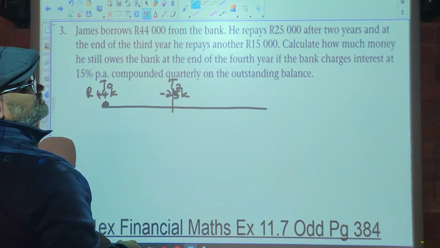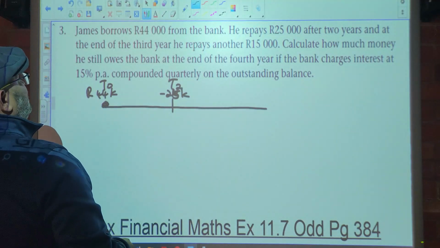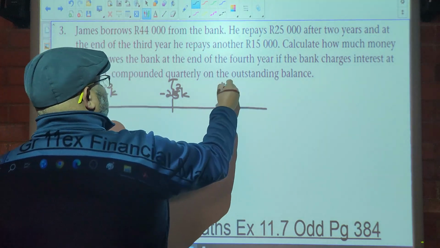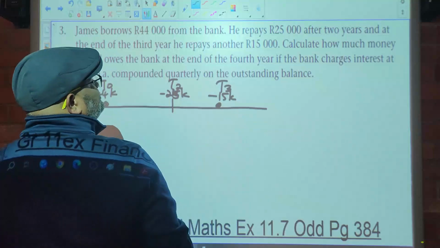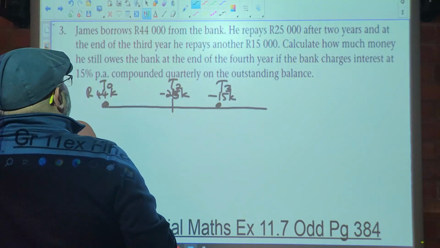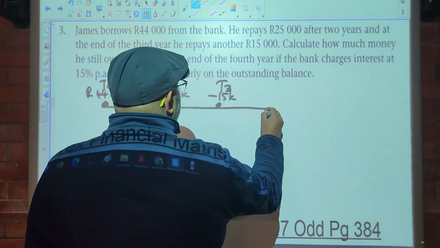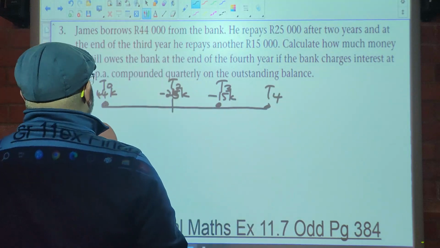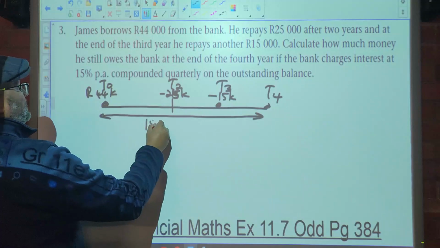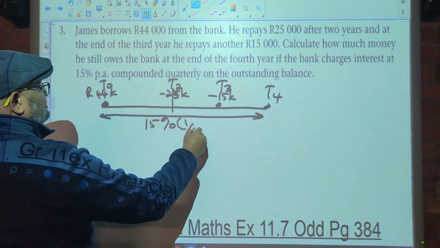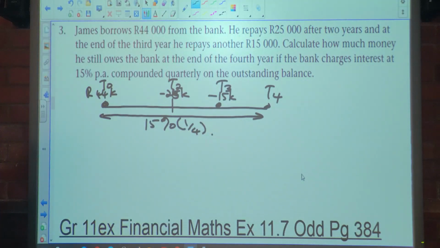And at the end of the third year, so that takes you to T3, he repays another 15,000 rand. Calculate how much money he still owes the bank at the end of the fourth year, if the interest charge is 15% per annum, compounded quarterly. Okay.